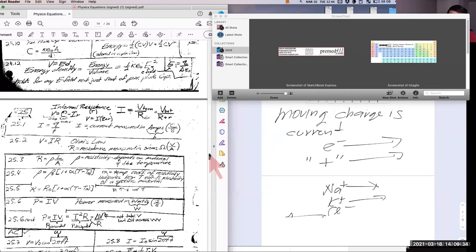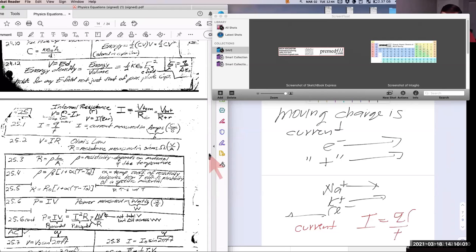And the symbol that they use for current is going to be I. And what happens with I is equal to the number of coulombs per second, but because that C is confusing, we'll say it's Q over T, okay?